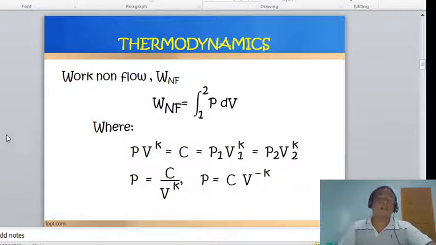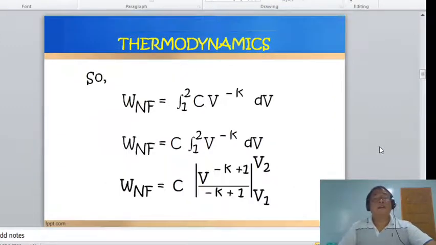Getting now the pressure, that is equal to C over V raised to k. Bringing the denominator into the numerator, P is equal to C V raised to negative k, since we put this denominator at the numerator. So that is negative k.